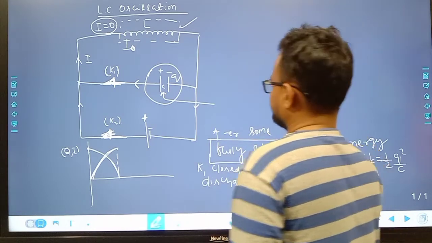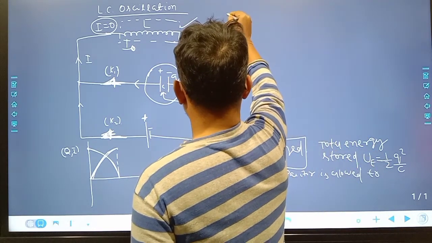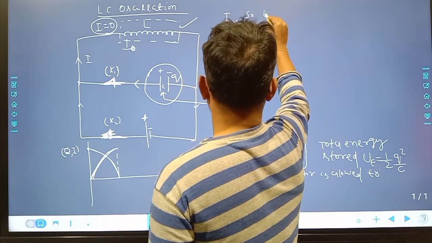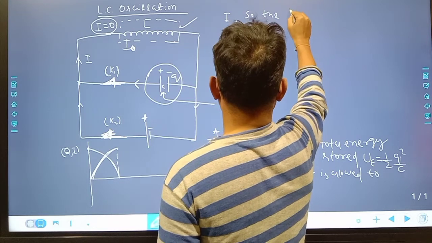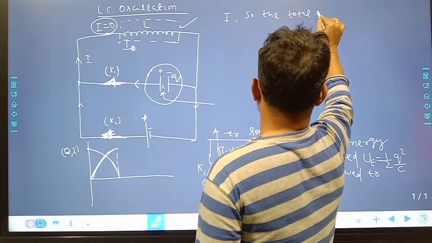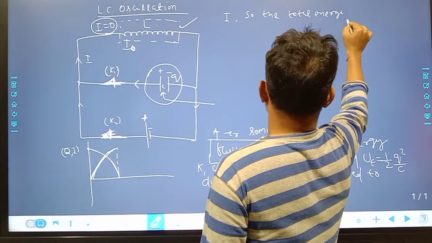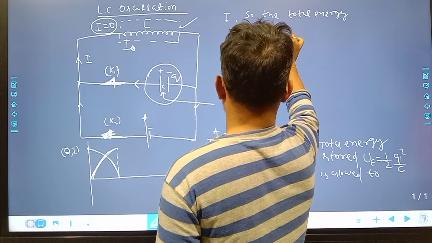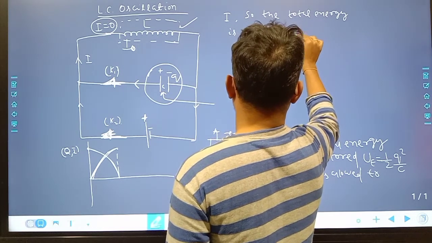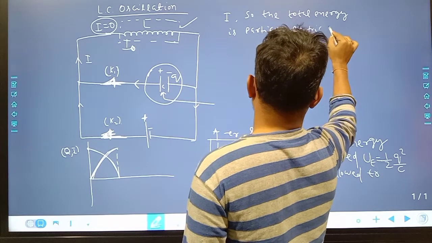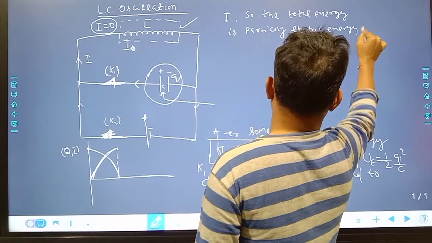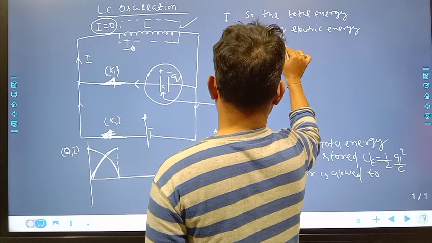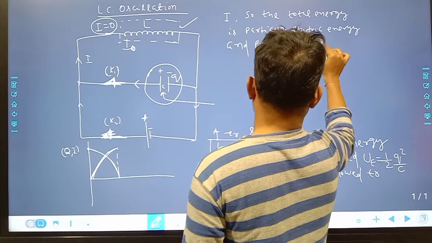So after some time, let the current be I. The total energy is partially electric energy and partially magnetic energy.